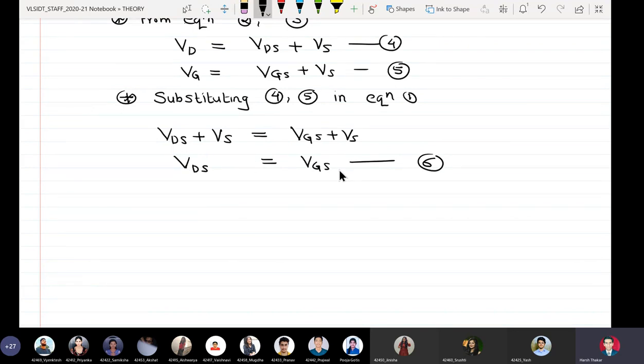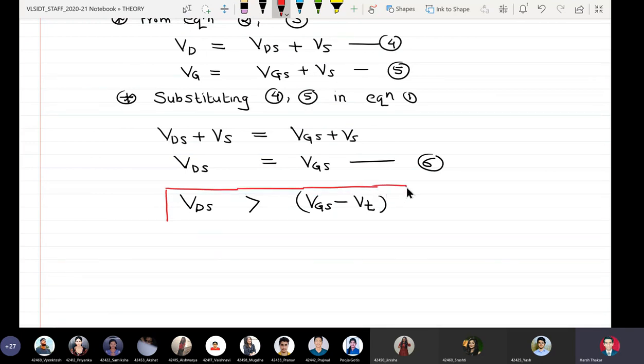So if I subtract anything from VGS, then VDS will become larger than that. Okay, so now if I reduce the term VGS by a value VT, threshold voltage, naturally there will be an inequality created. So if I subtract the threshold voltage from VGS, naturally VDS becomes greater than VGS minus VT.